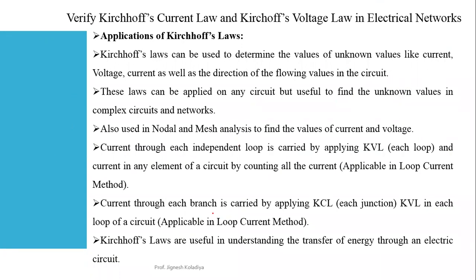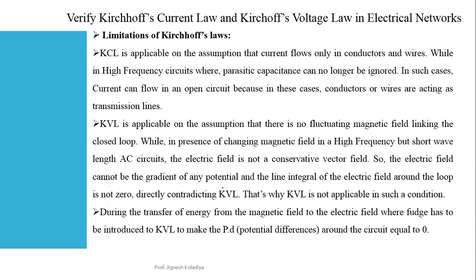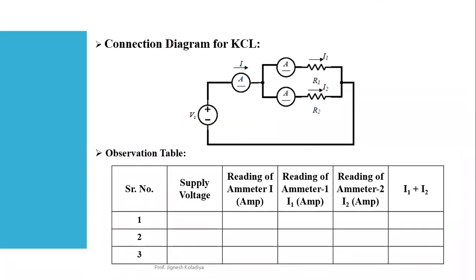Application of Kirchhoff's law we will come to later on this slide. Now here you can see we have one connection diagram for Kirchhoff's current law. Two resistances are there, R1 and R2, and as in KCL we have to measure the incoming current and outgoing current.